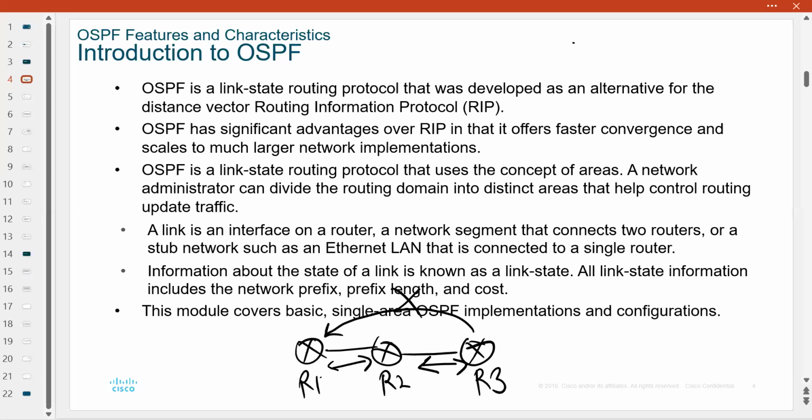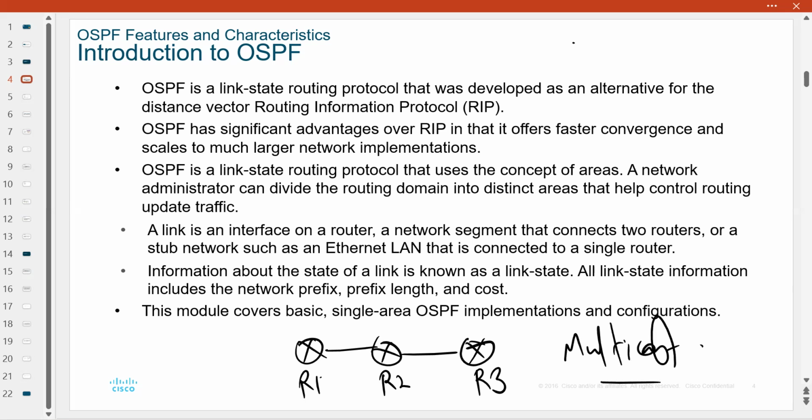With link state, it's very important to understand the difference between these two. With link state, the router shares routing information with every router in the network. In this example, when R1 shares its information, it sends a multicast for enabled routers.